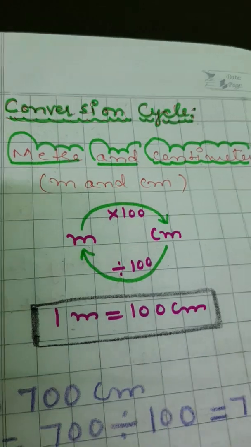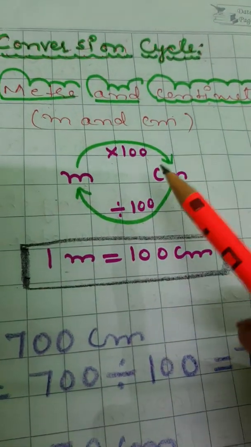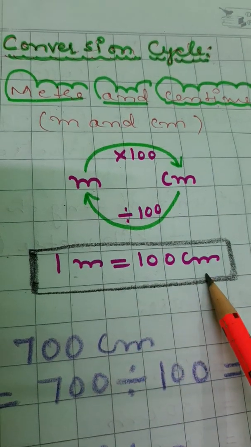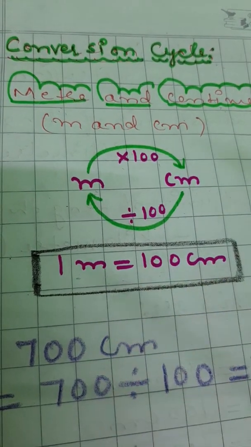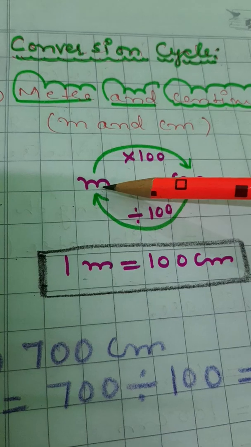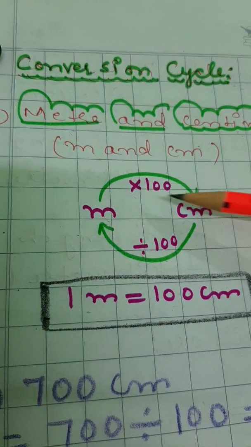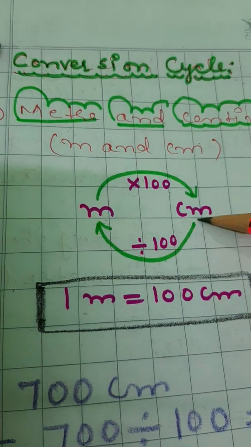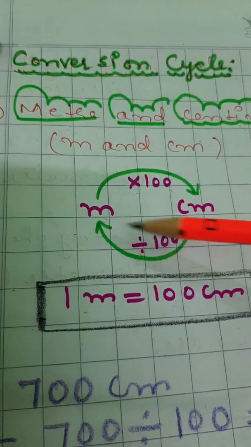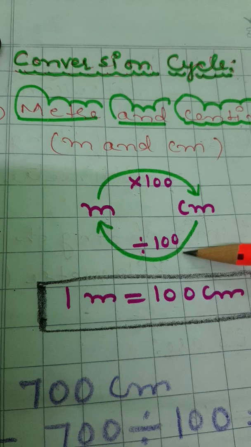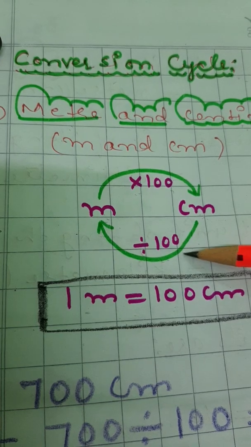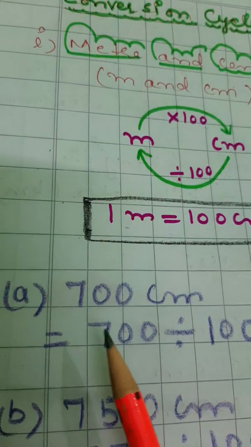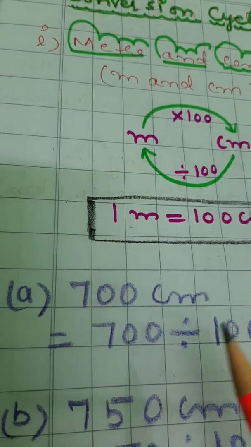We know that 1 meter is equal to 100 centimeter, and if I want to convert meter into centimeter, I have to multiply it by 100. If I want to convert centimeter into meter, I have to divide it by 100. Let us understand this by taking the example of 700 centimeter.